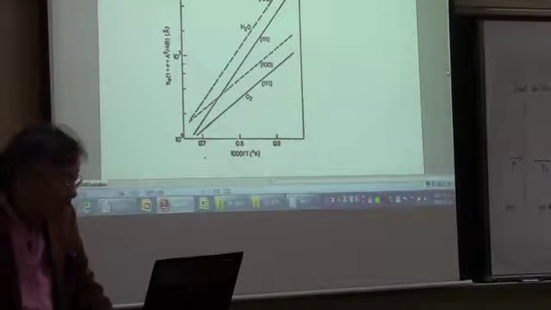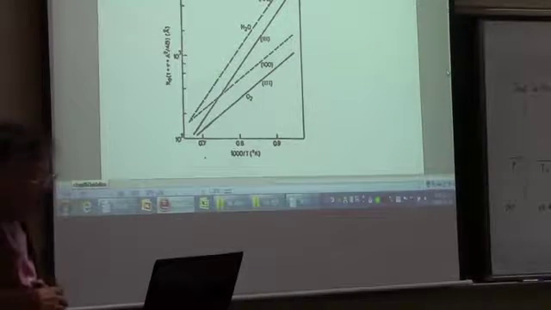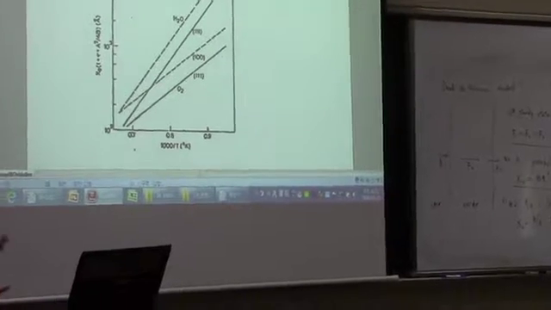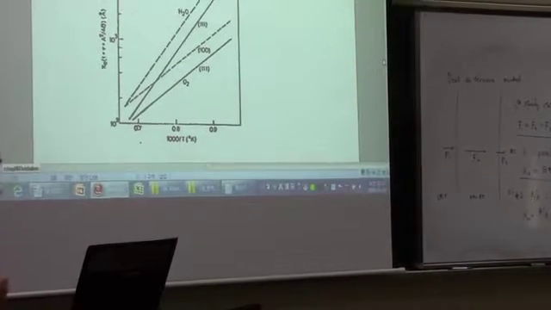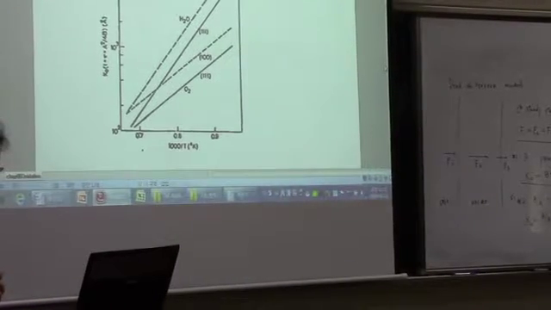Okay, and in this figure, at the early stage, the short time, we are going to have B over A, the linear rate constant.